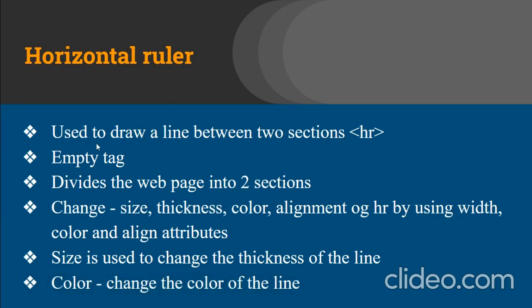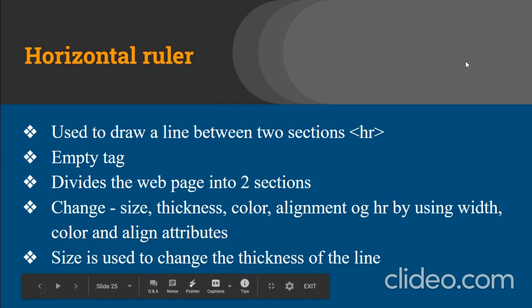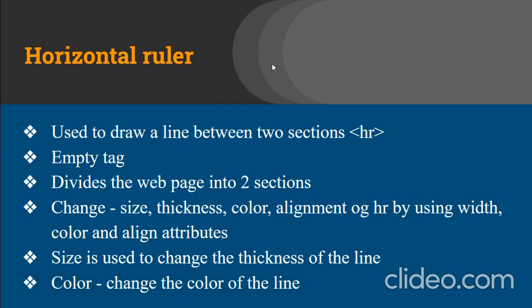The horizontal ruler is used to draw a line between two sections. Suppose you have two sections in the web page, you can separate them using a horizontal ruler.